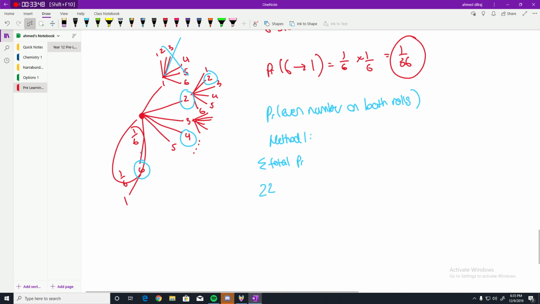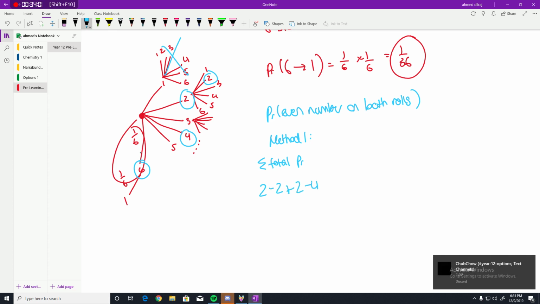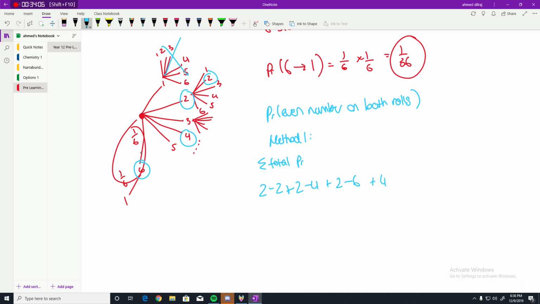That's 2-2, plus 2-4, and I should probably put dashes between them, plus 2-6, plus 4-2, plus 4-4, plus 4-6, plus 6-2, plus 6-4, plus 6-6, right? Those are our total probabilities, and each of them has a 1 in 36 chance of occurring.